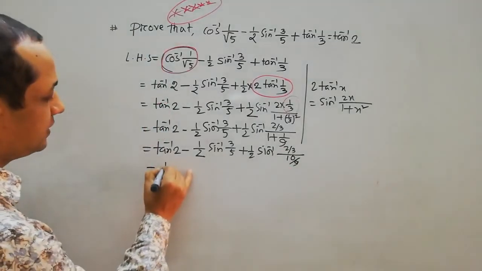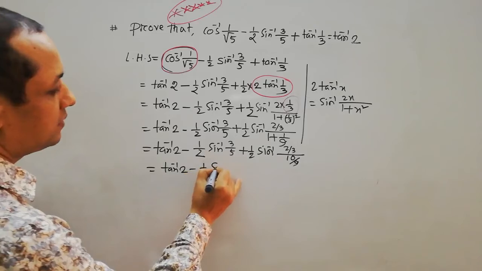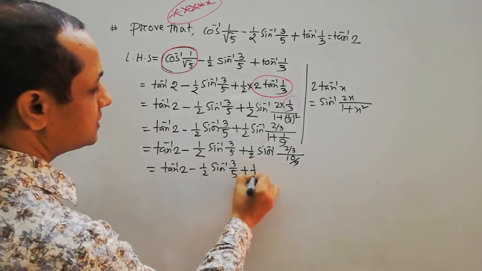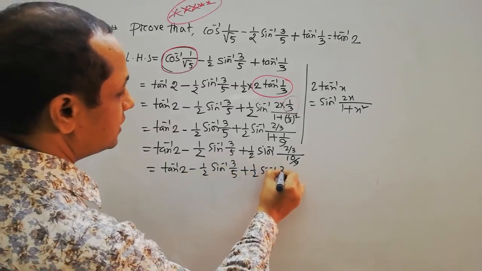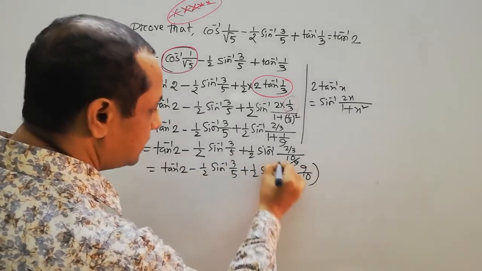Next line: tan inverse 2 minus half sine inverse 3 by 5 plus half sine inverse, 2 by 3 into 9 by 10.